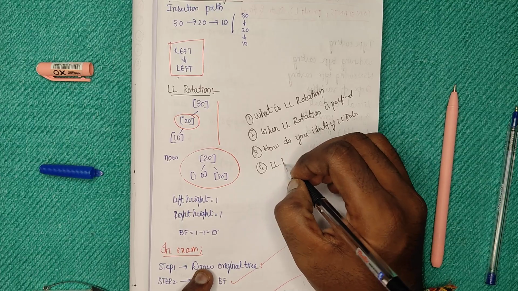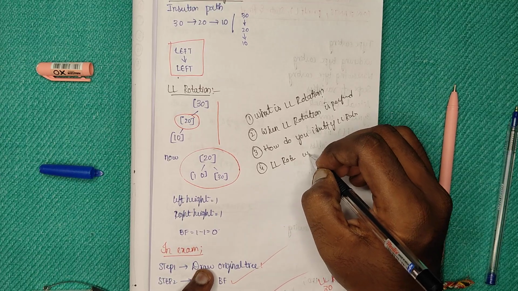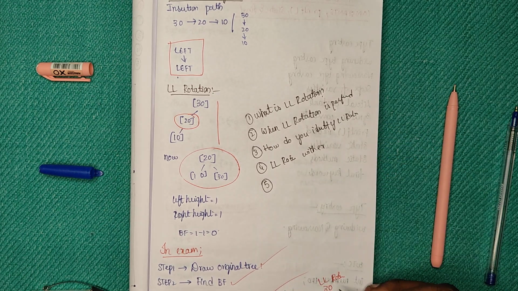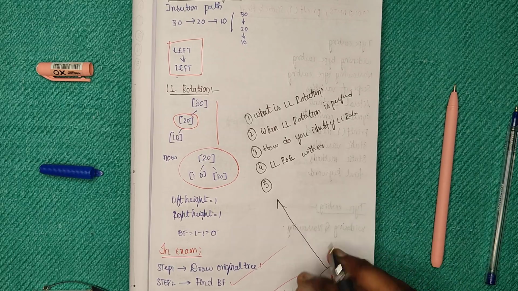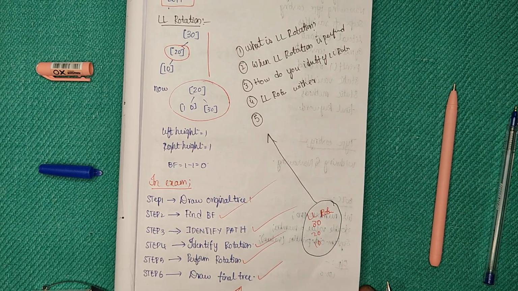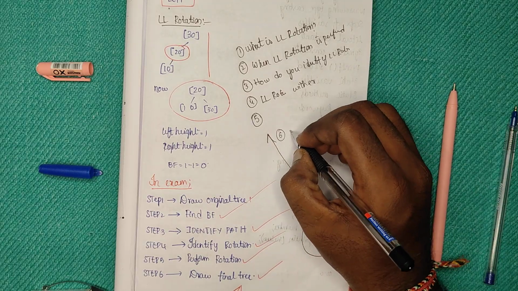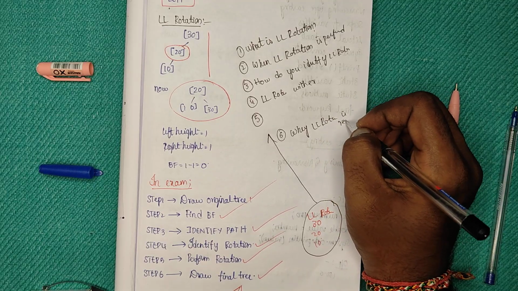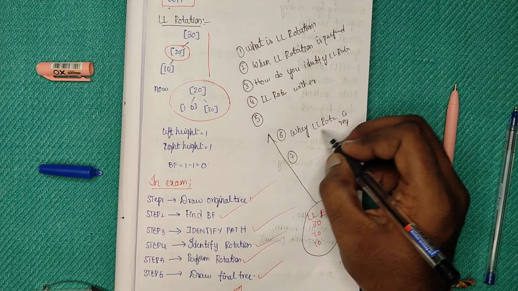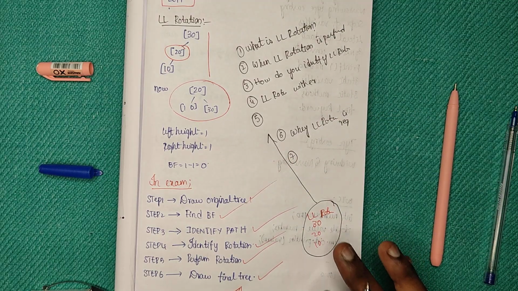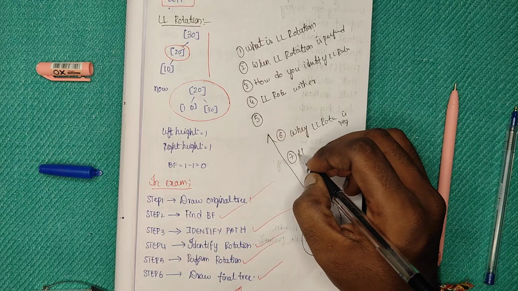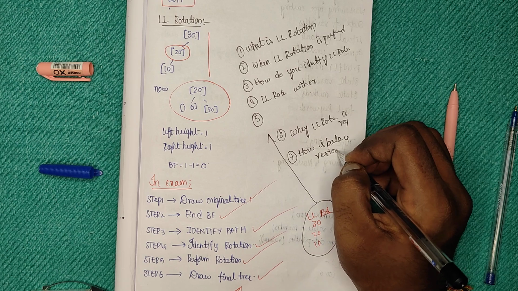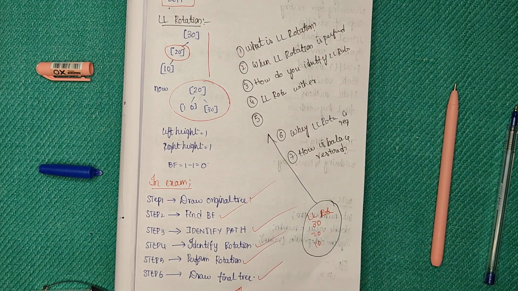Explain LL rotation with an example. The question I have given, perform LL rotation for 30, 20 and 10, is enough. Another question: why is LL rotation required? Don't mind my handwriting, I'm just writing as if on the board. Another question: how is balance restored? These are the questions.